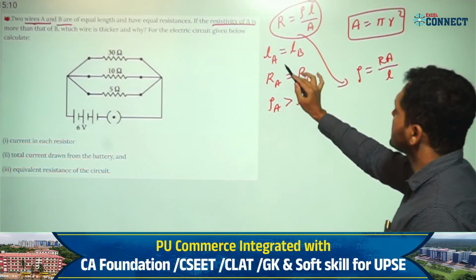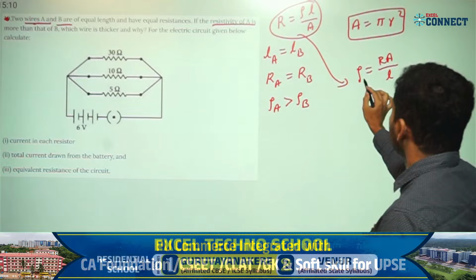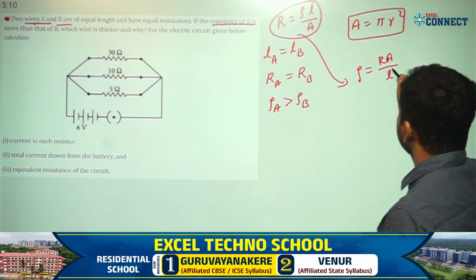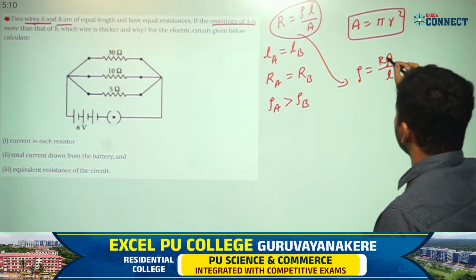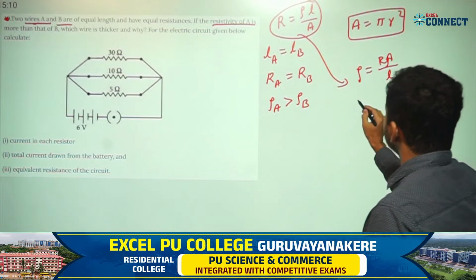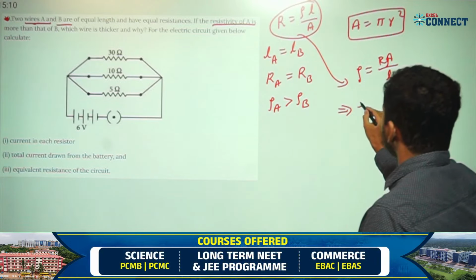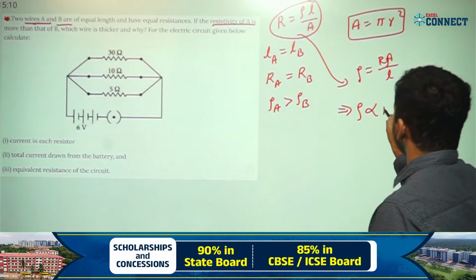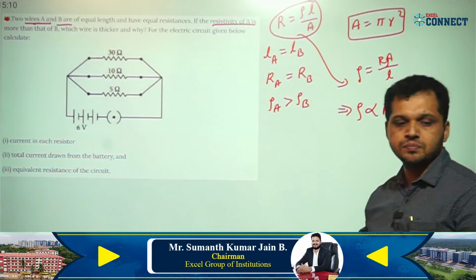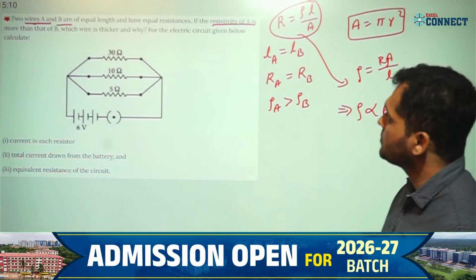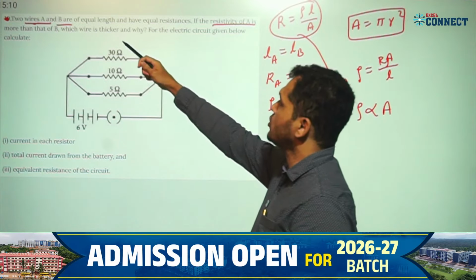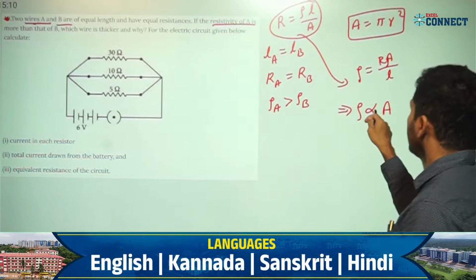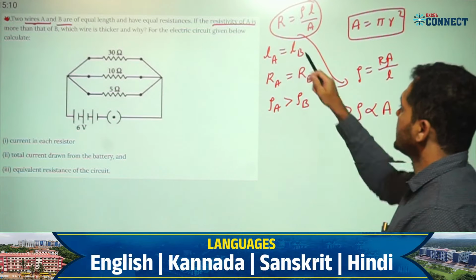Length and resistance of the two wires are same, so we can say length is constant, resistance is constant, so that resistivity is directly proportional to area, we can write. According to the given question, resistivity depends only on area here. It is independent of resistance and length.